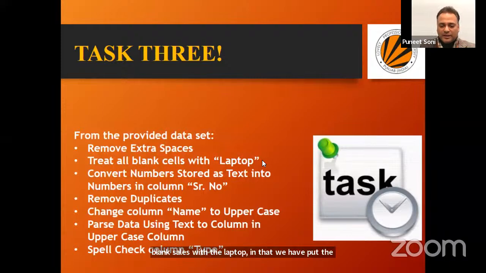Where there was a blank cell, we entered the text "left"; now you have to enter the text "laptop". Convert the numbers stored as text into numbers in the serial number column, remove the duplicates, change column name to uppercase, parse the data using text to columns in the uppercase column, and spell check the column type.